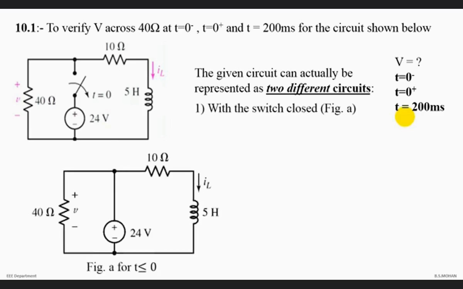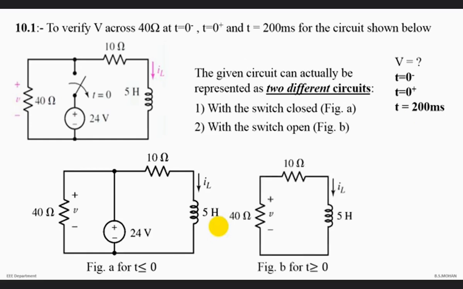As shown in figure A, the switch is initially closed, which is represented as t less than 0. In figure B, at t equal to 0 we are opening the switch, thus it is an open circuit, and we have a source free circuit for t greater than 0 as shown in figure B.